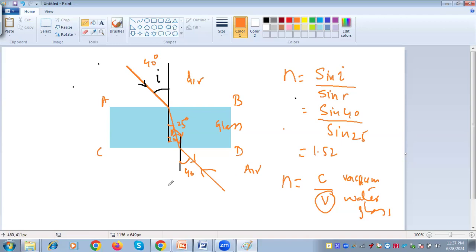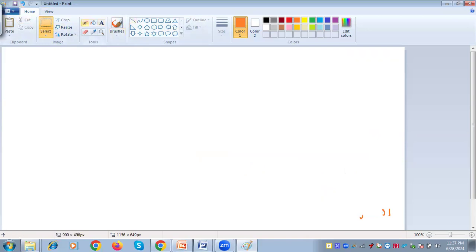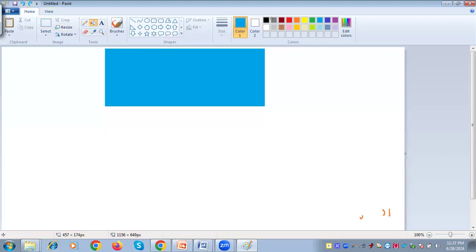Okay, so suppose a ray is entering from glass to air. How will you calculate the refractive index? The ray is going from glass to air.